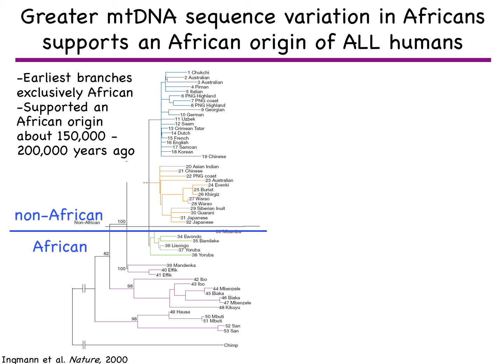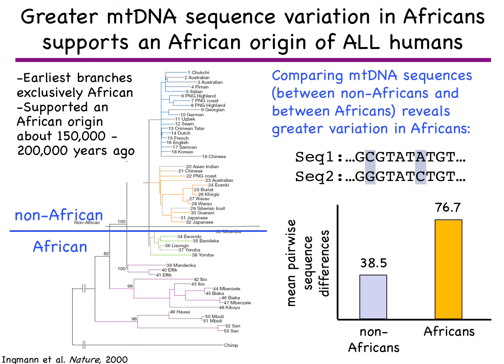So let's just talk about genetic diversity in particular. If we compared mitochondrial DNA sequences between non-Africans and between Africans, what you'll see, just making pairwise comparisons, is that there's more differences on average between African mitochondrial DNA sequences than between non-African mitochondrial DNA sequences.